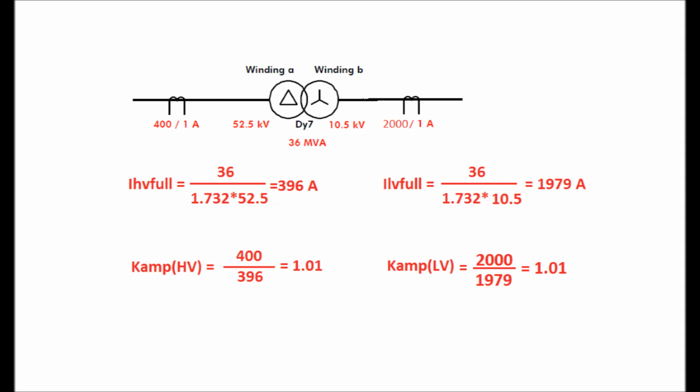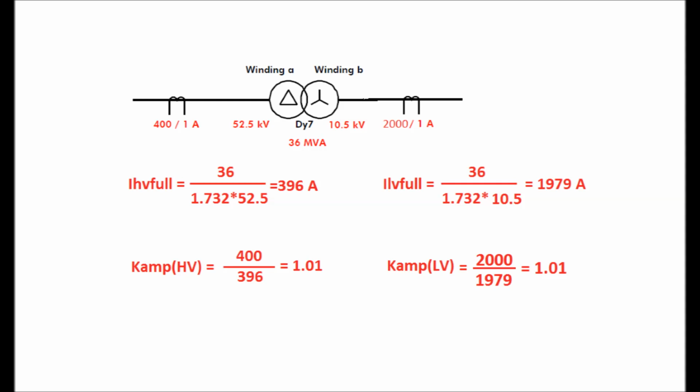The HV side full load current is 36 divided by root 3 into 52.5, which comes as 396 ampere, and the LV side full load current is 36 divided by root 3 into 10.5, which comes as 1979 ampere. On the HV side, the matching factor K amplitude HV is equal to CT ratio divided by HV side full load current, that is 400 divided by 396, which comes as 1.01.